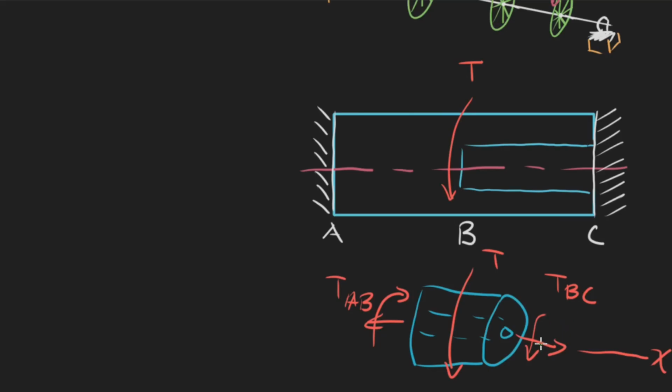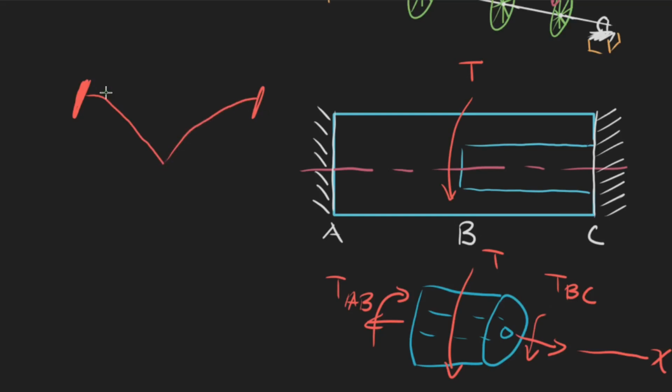Some other things I know are that, well, this is given from the problem statement, which I didn't really write out. They're saying that we're going to apply the torque until the angle of twist at this location is at max 5 degrees. If you think about this, basically what's going to happen is this end's going to have no rotation, this end's going to have no rotation. It's going to start here, it's going to rotate some, and then it's basically going to wind back like this, right?